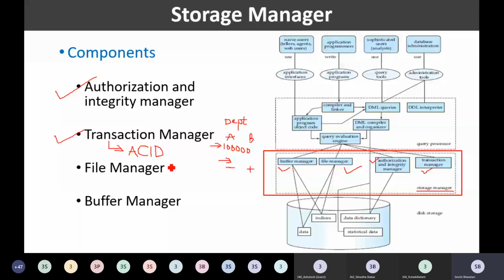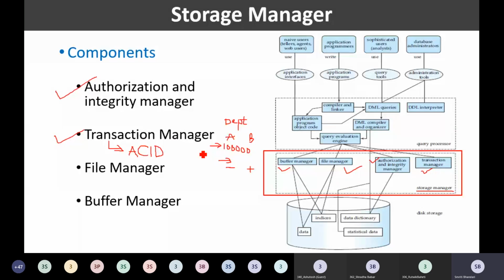And it is the responsibility of my transaction manager to check whether these properties are violated by any transaction. Also, it should take care of the concurrent access to my database. What I mean by concurrent access to the database? It may happen that simultaneously many users are using the same database.